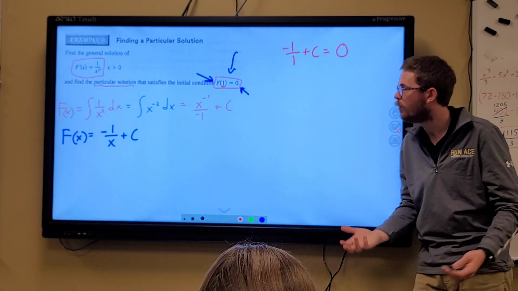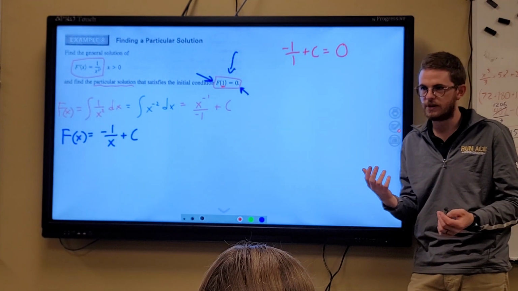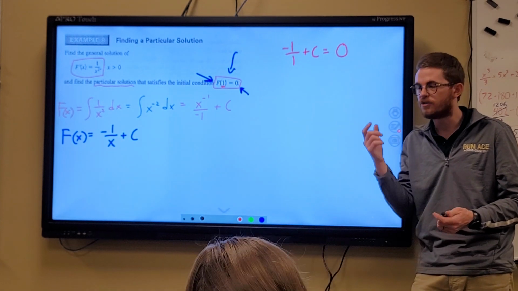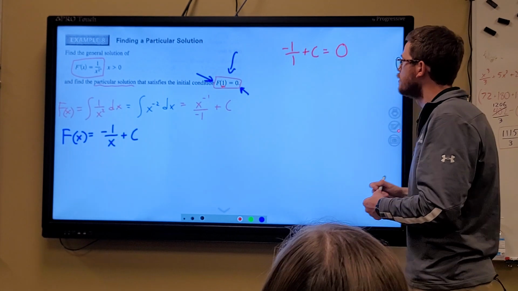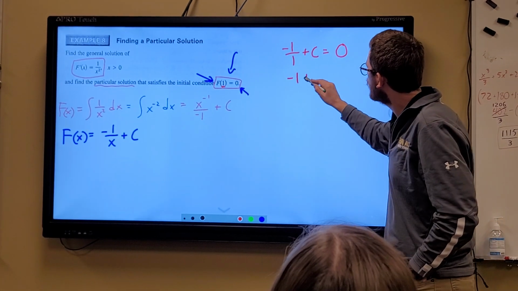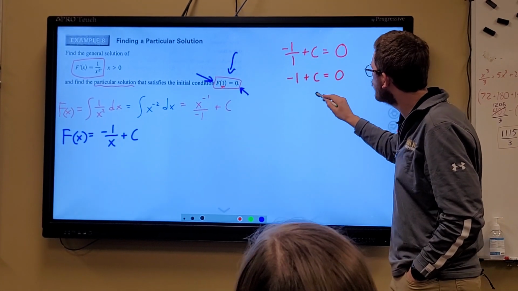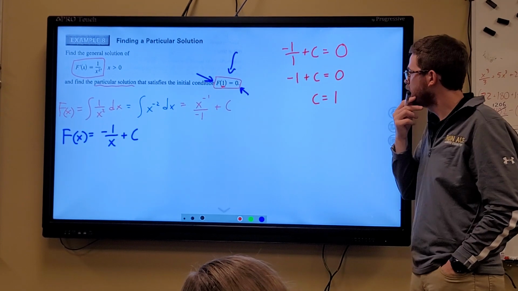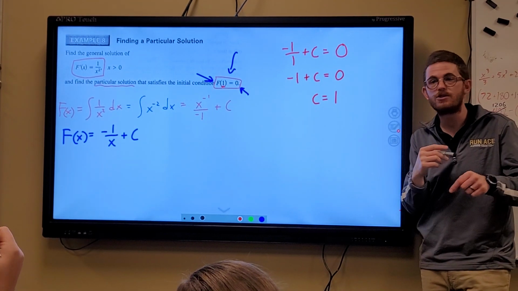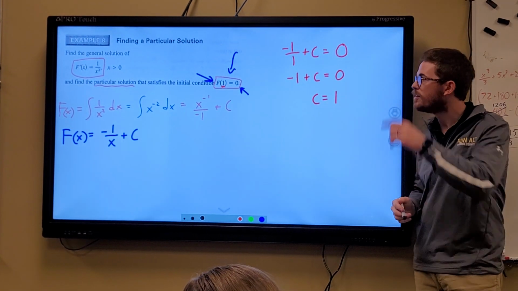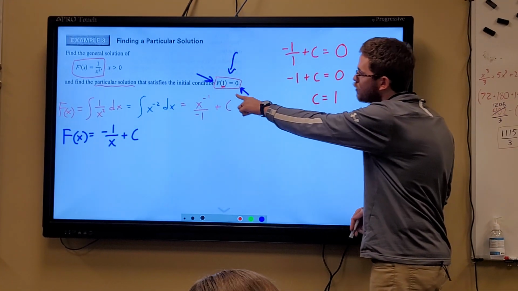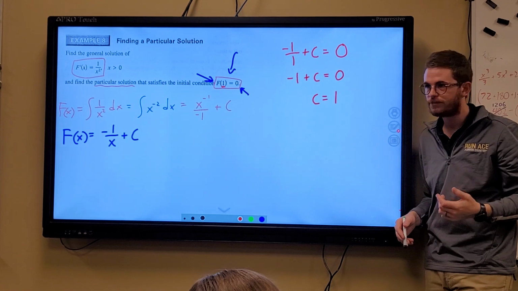This is some point on this function. And we are going to use that one point to figure out what C has to be to make it true. So this is negative 1 plus C equals 0. And in this case, C could have been anything that is a constant value, but in this particular case, to make this true, C has to be 1.